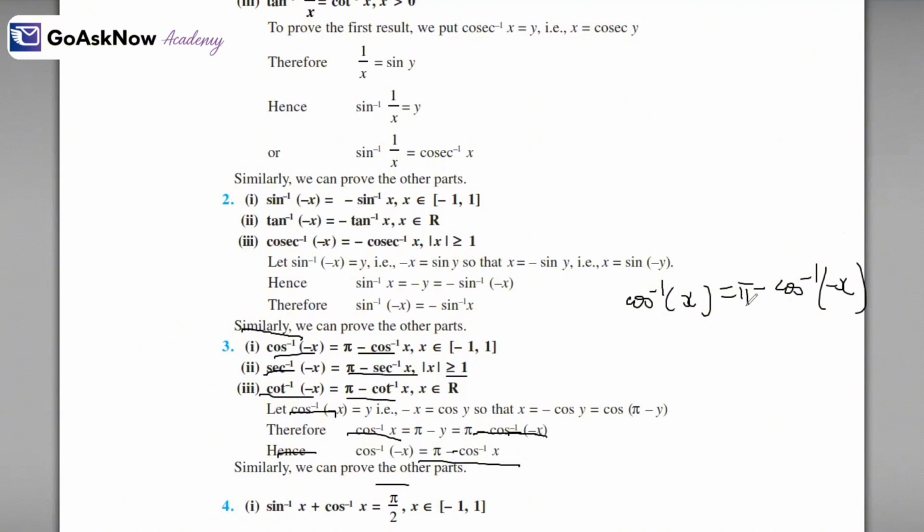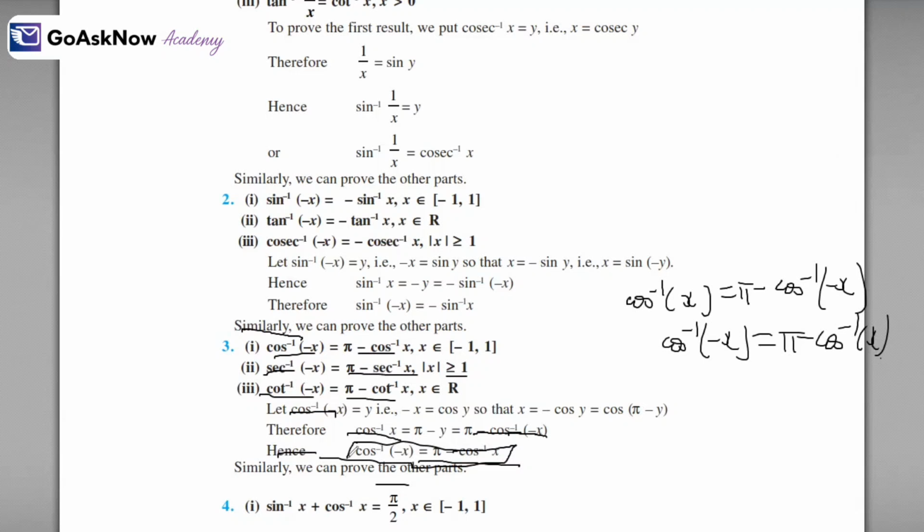After taking pi this side, or you can take cos inverse minus x this side, cos inverse of minus x will be what? Pi minus cos inverse x. Just take cos inverse x on the right hand side and cos inverse minus x on the left hand side. So you will get the result. That is the formula you wanted. Okay. This is the proof of this part.